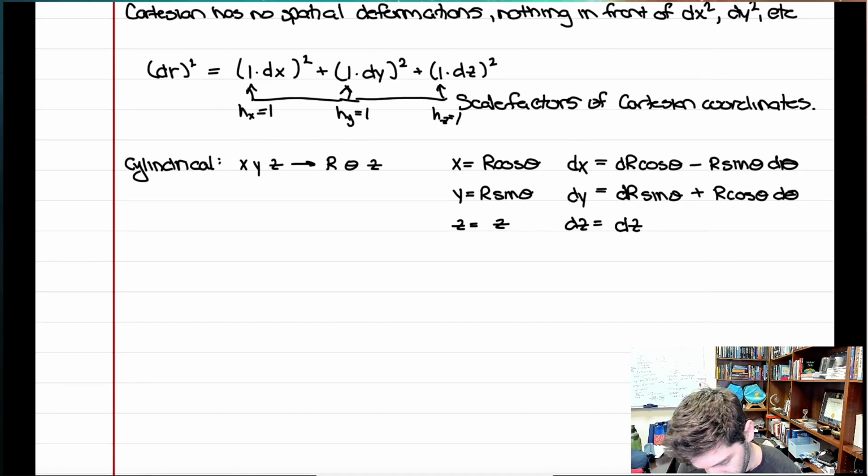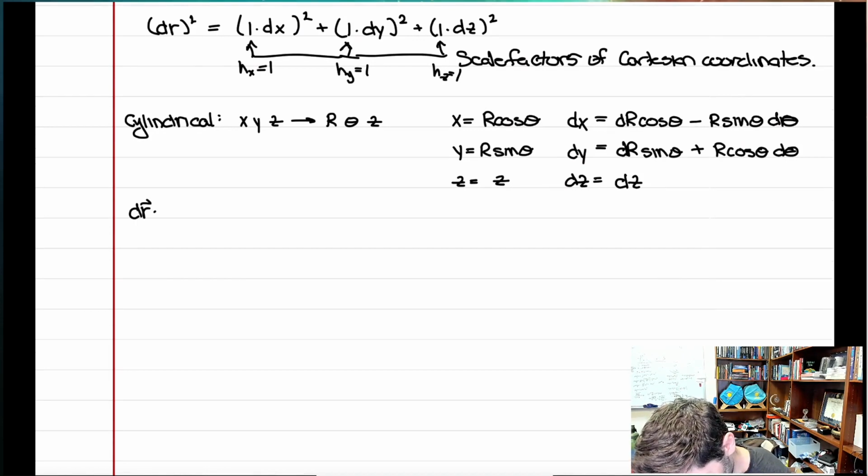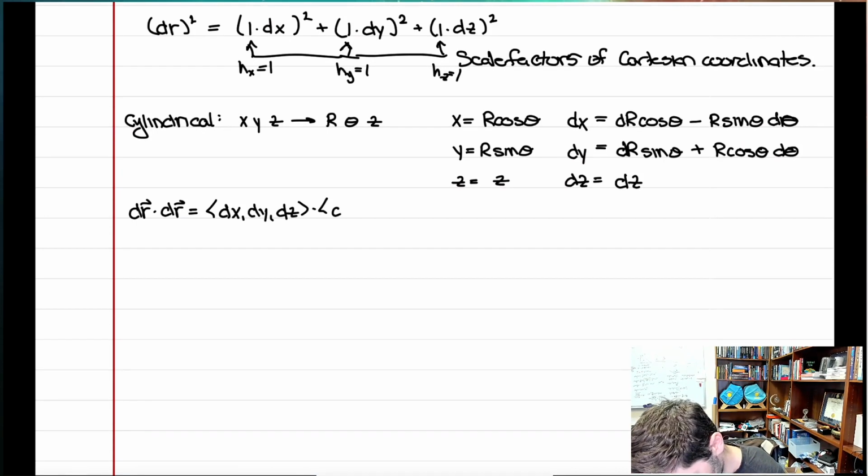Now, with that, I can compute dr dot dr, which again is dx, dy, dz dotted with itself.